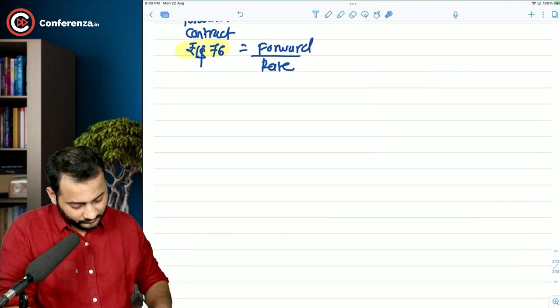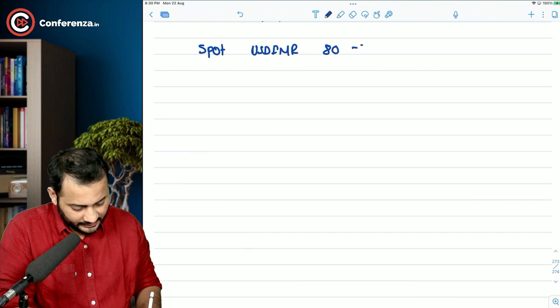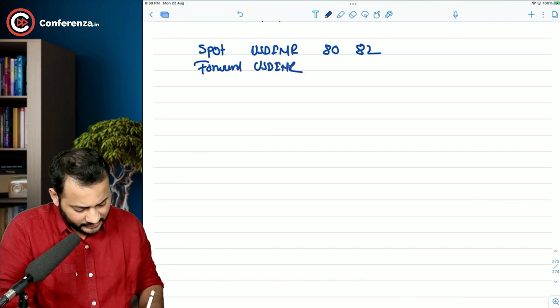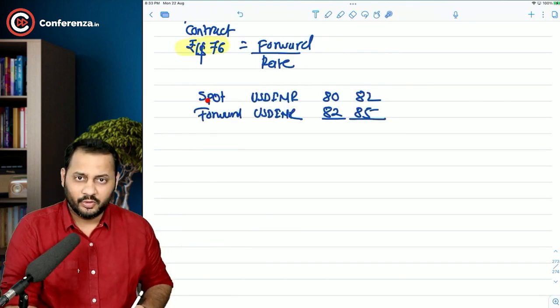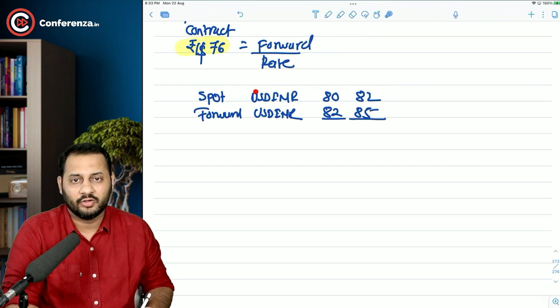Now let's write down, let's say the spot rate for USD INR is 80.82 and the forward rate for USD INR is, let's say, 82.85. So if you look at the spot rates, 80 rupees is the rate to buy the dollar.